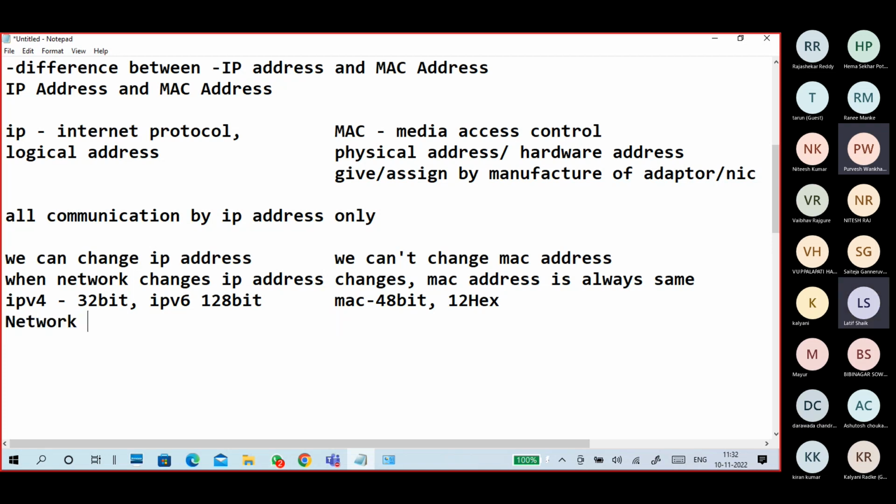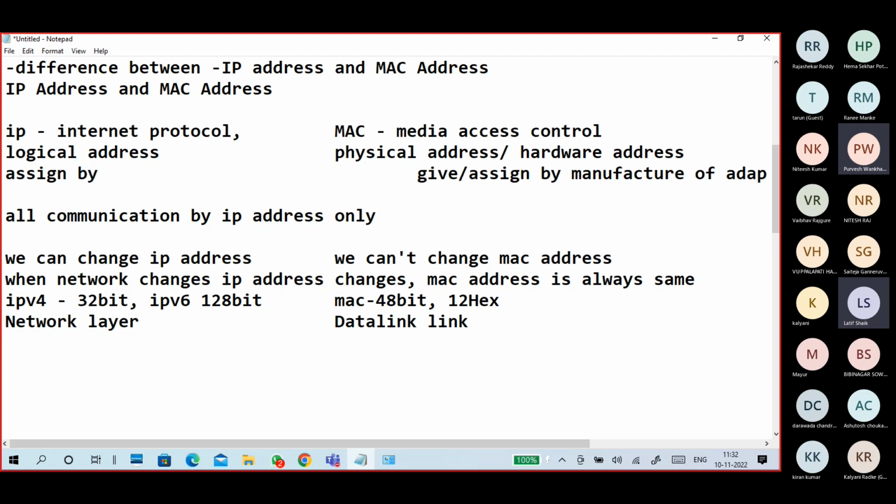Which layer is IP address? Network layer. And MAC address operates in the Data Link layer. Very good. Now see, you can gather a lot of points, but suddenly when a question comes and you don't practice, then what will happen?